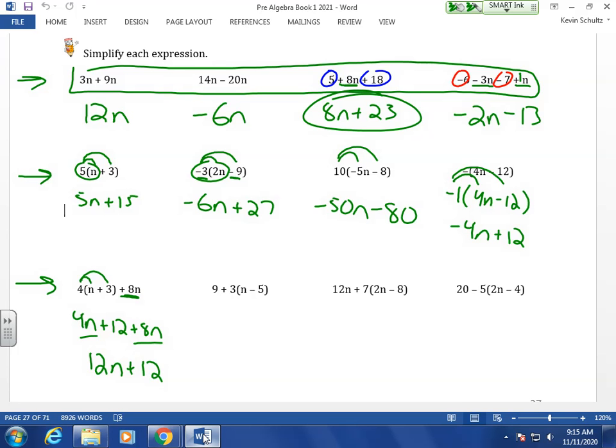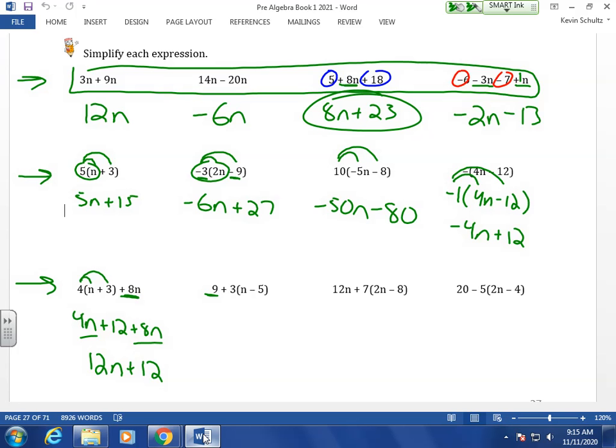Second one, similar thing. It's very tempting to want to add that 9 and 3 to get 12 and then distribute that 12 into parentheses. That's mathematically illegal, right? Because that 9 is separate from our parentheses. What are we multiplying our parentheses by? Just the 3.